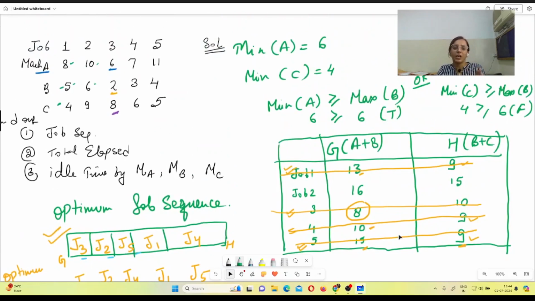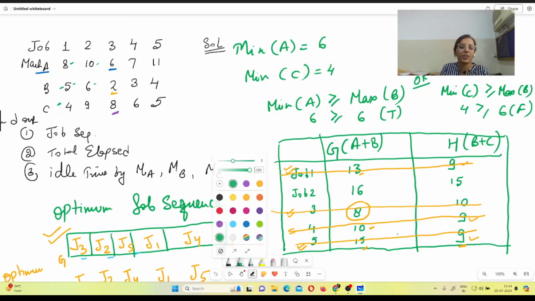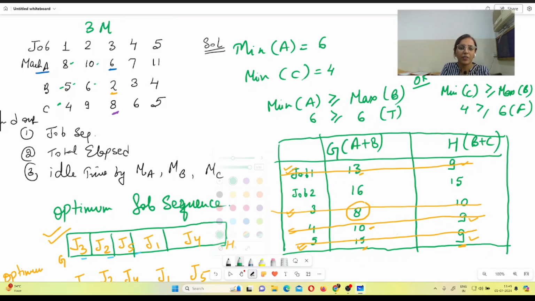We have done different types of questions. In this question, we have given three machines and n jobs.